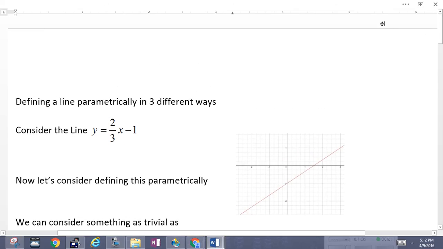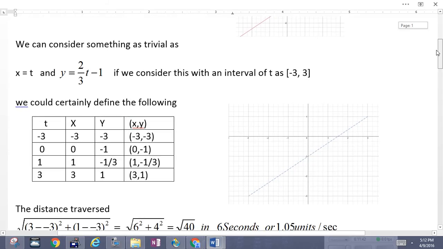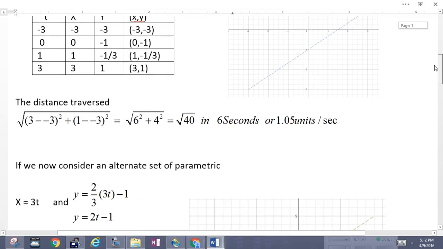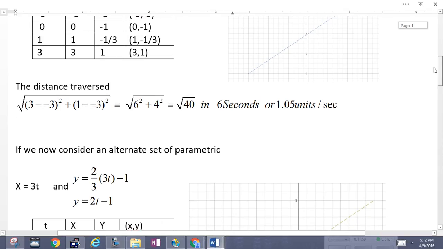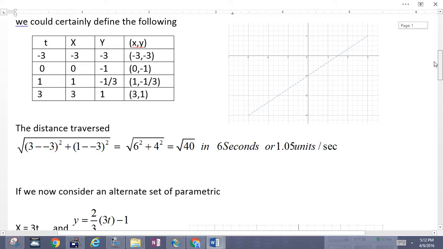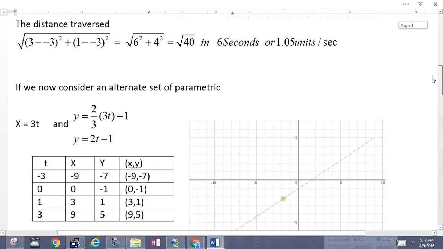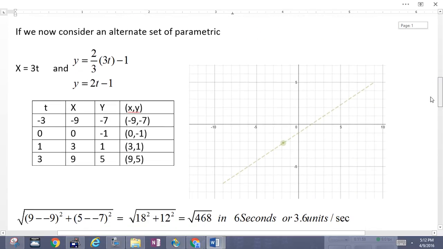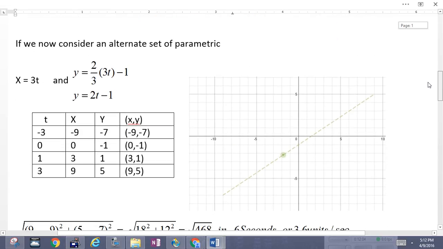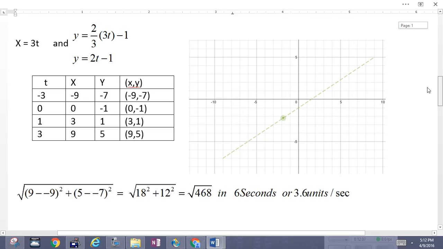But when you have a path and you need to define it parametrically, you can parse that apart in oh so many ways, and each different way is going to result in moving along the same path, or some portion of that path, with possibly different speeds and with possibly an undefined interval of motion. So just some things to think about and to consider.